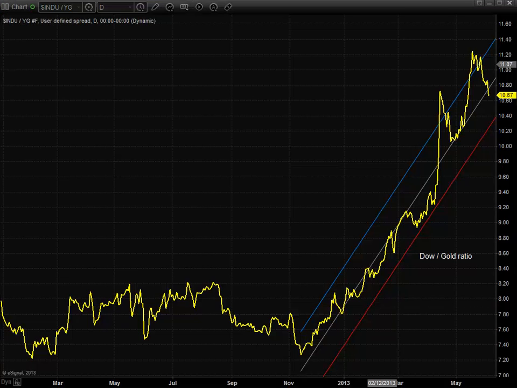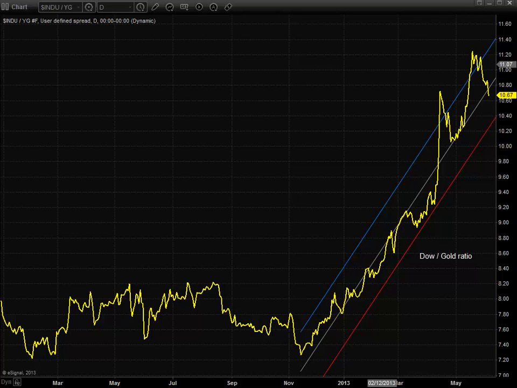All right, one final chart for today. Here's the Dow Gold ratio. You can see that this is really starting to pull to the downside. We breached the midpoint of the regression channel to the downside. When this ratio is rising, traders are putting on risk in favor of equities over hard assets like gold, and we're definitely seeing just the opposite right now.